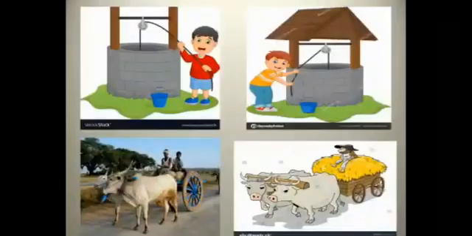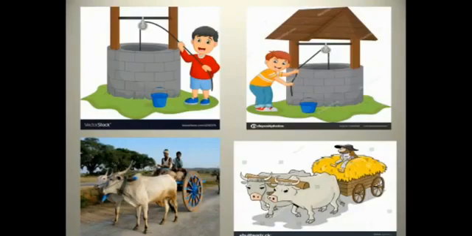Consider our daily life: we pull water from the well with a bucket, or an animal pulls a bullock cart. In the first two pictures, a boy is pulling water from the well with a bucket, and in the third and fourth pictures, you can see that an animal pulls a bullock cart.